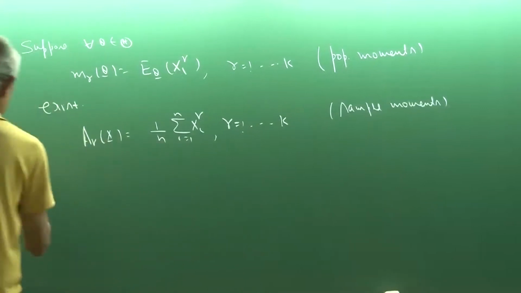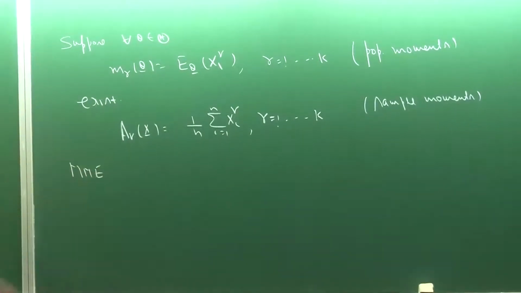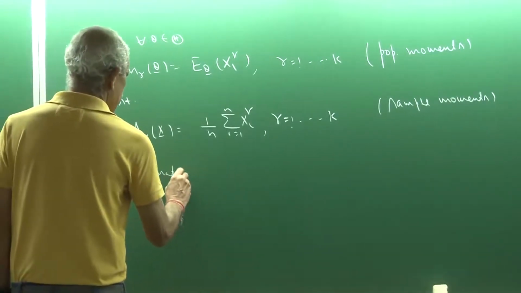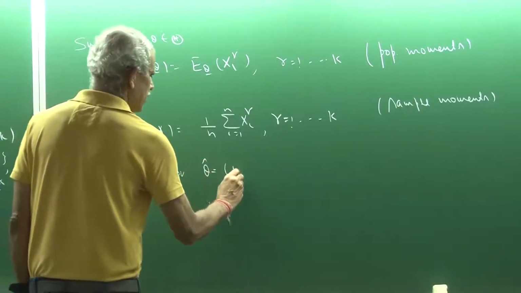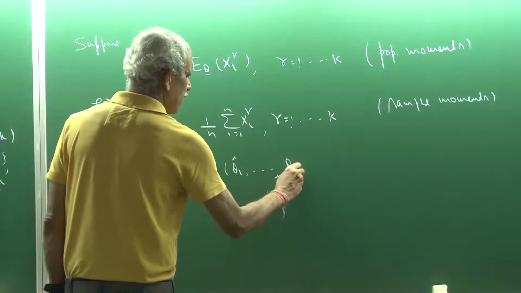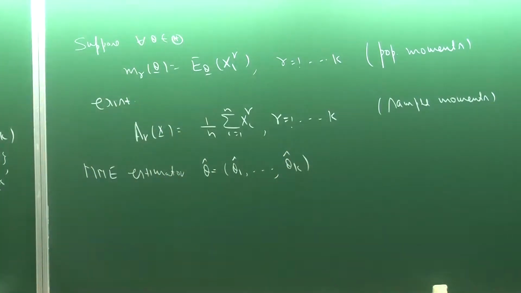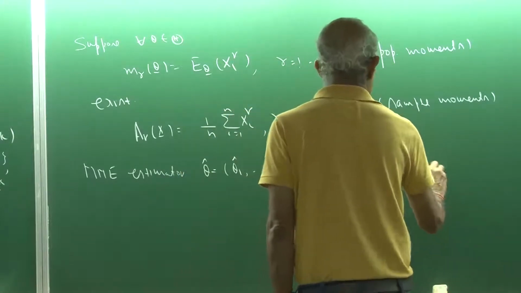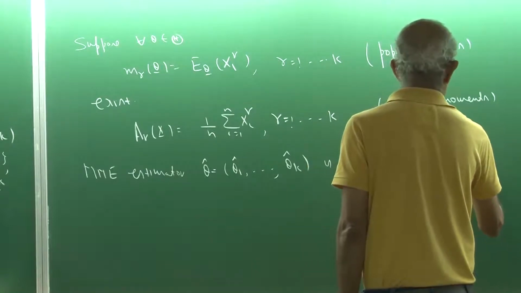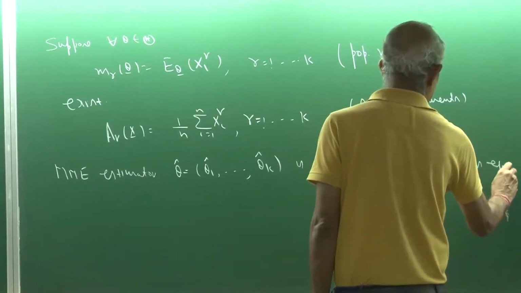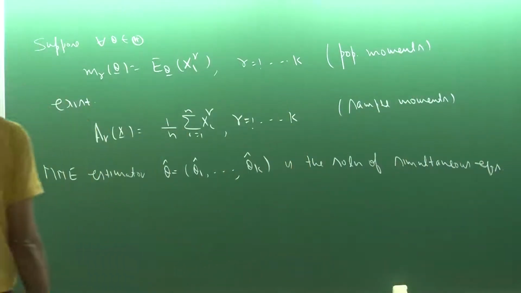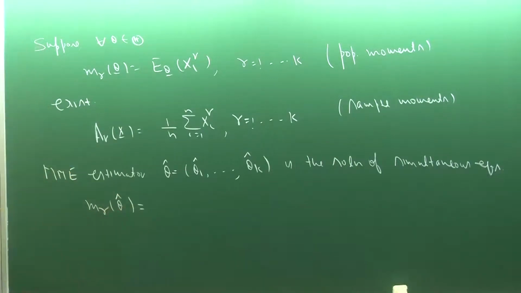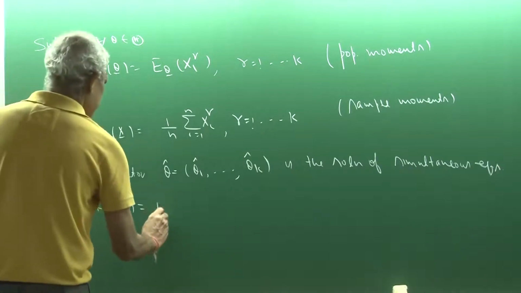So the method of moment estimator, which you in short call the MME, let me denote that by theta hat, which is theta 1 hat, ..., theta k hat, is the solution of the simultaneous equations m_r(theta hat) the same as A_r(X).